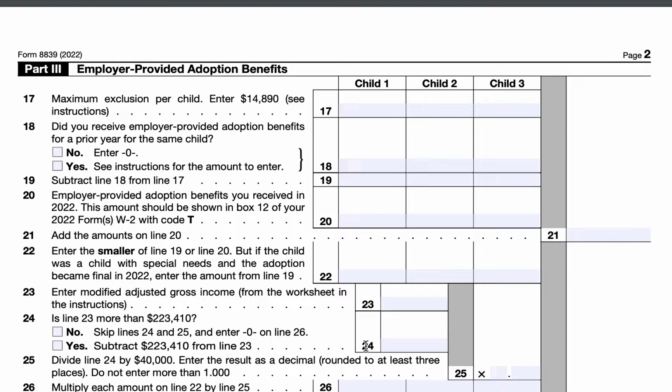If you answered no to line 18, you will simply carry down the number from line 17. In line 20, you will enter the amount of employer-provided adoption benefits that you received in the tax year. This amount should be indicated in box 12 of your Form W-2 with a code of T.